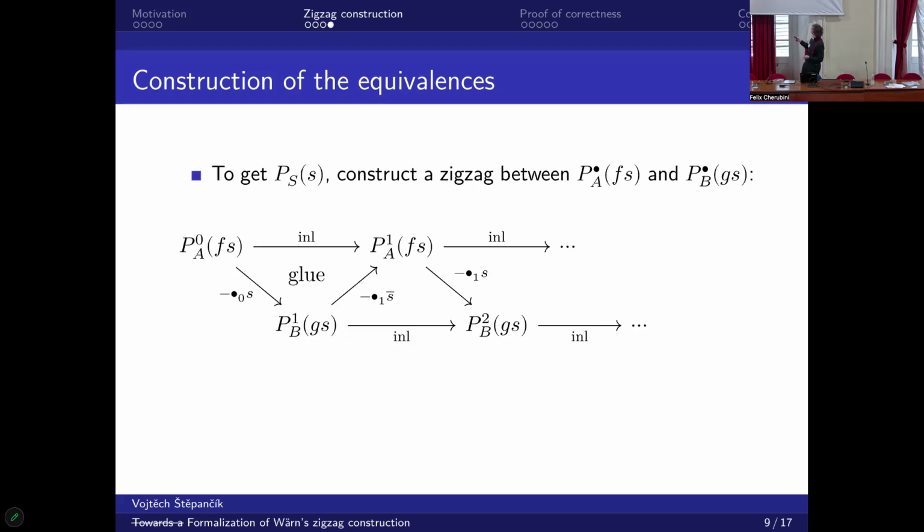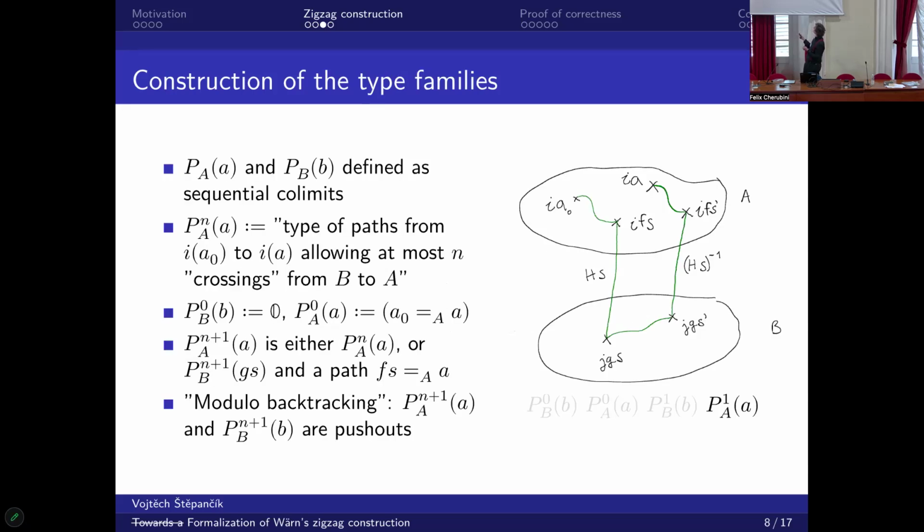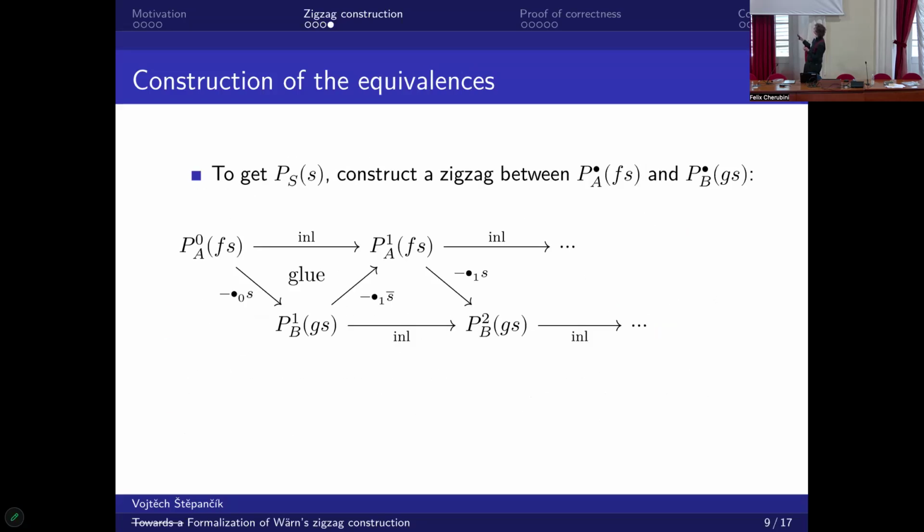Right. So here you take a path that happens between two endpoints at the top, and you go down and you concatenate this path that's given by S right into its endpoint GS. Okay, thanks.